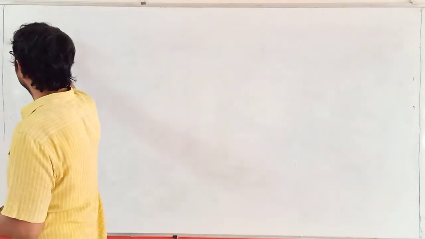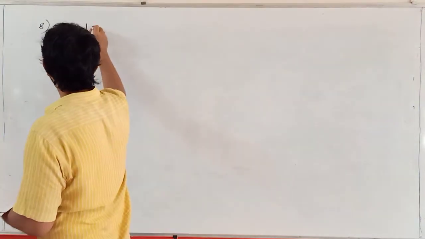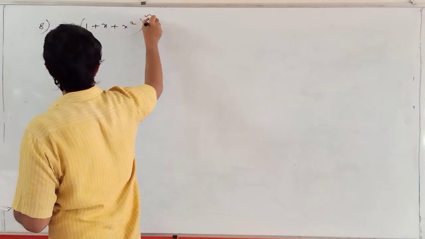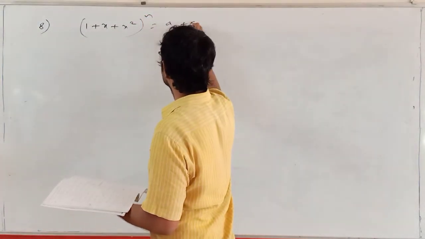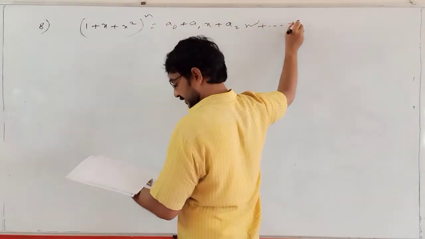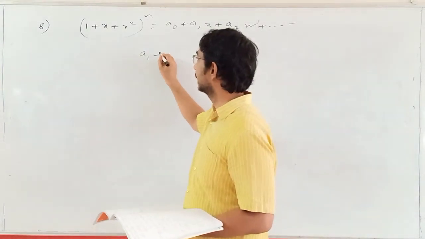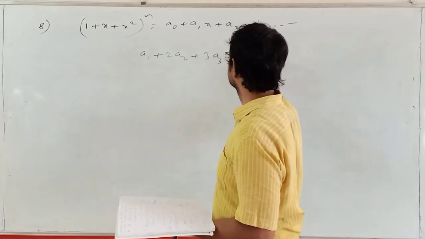Next, 8th one. See, if (1 plus x square) whole power n equal to a0 plus a1x plus a2x square and so on, then required is a1 plus 2a2 plus 3a3 and so on.